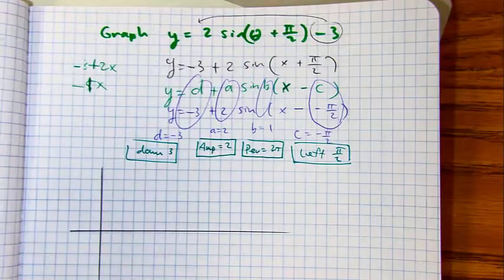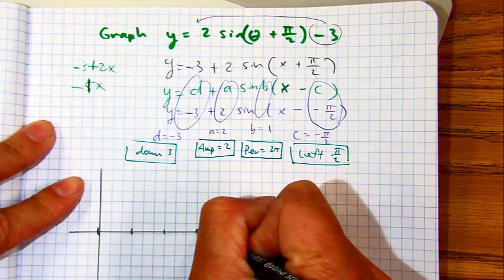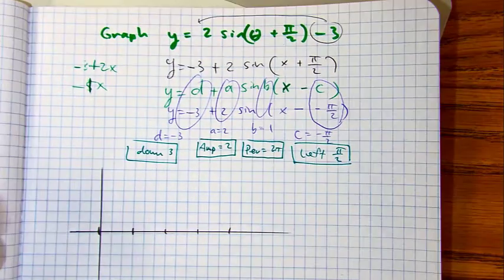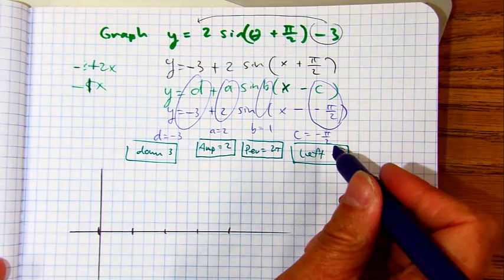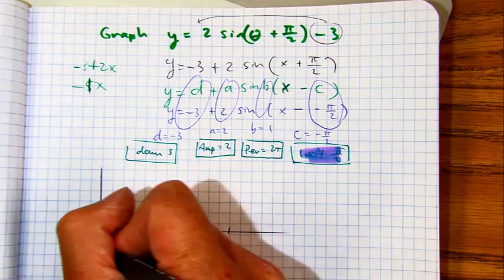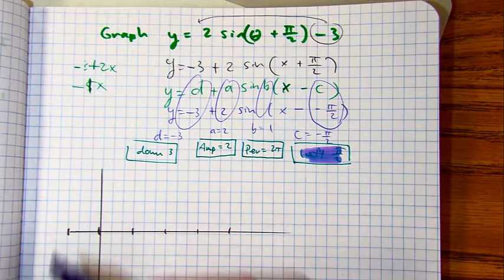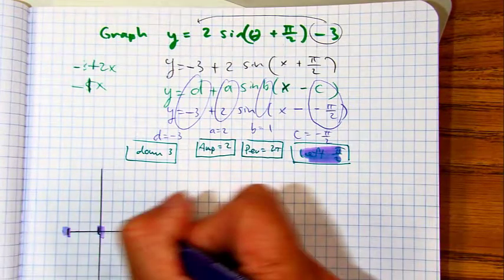Now normally we have 5 values, 1, 2, 3, 4, 5, but because you're doing a shift left, your 5 values would be 1, 2, 3, 4, 5.